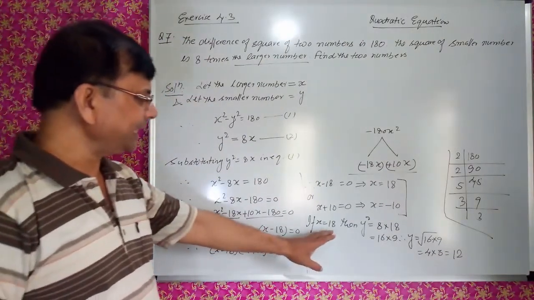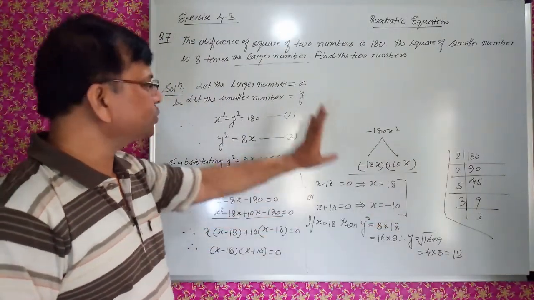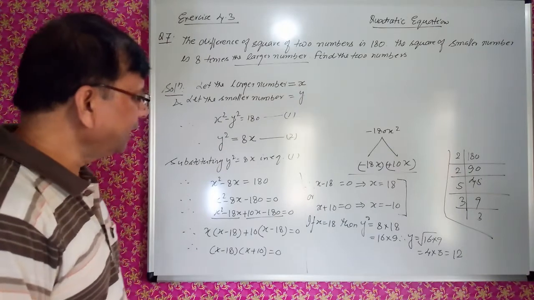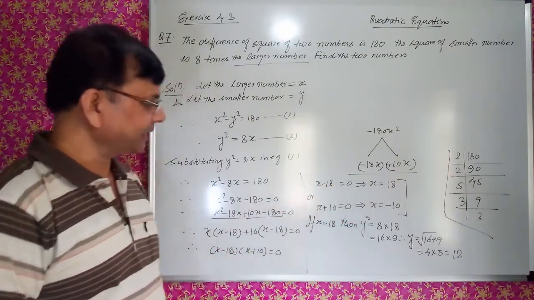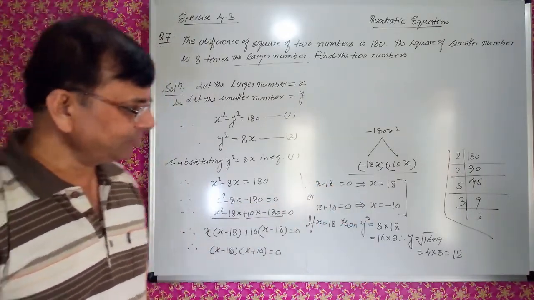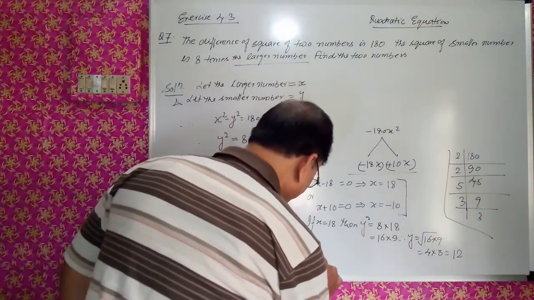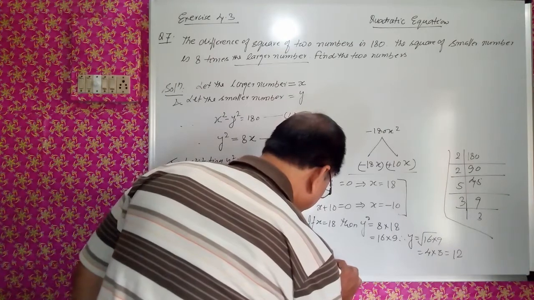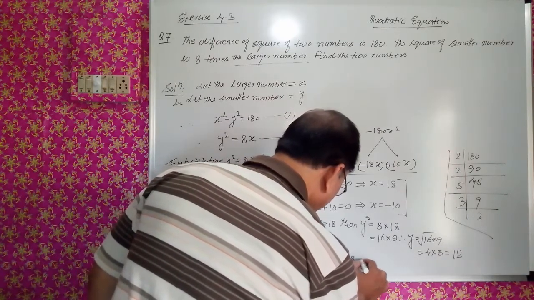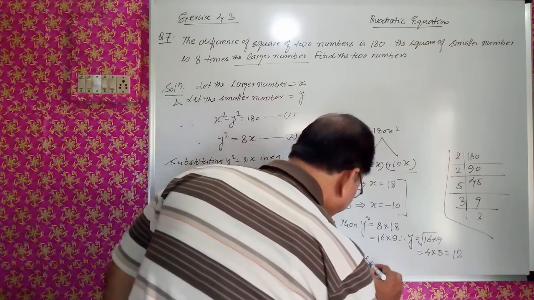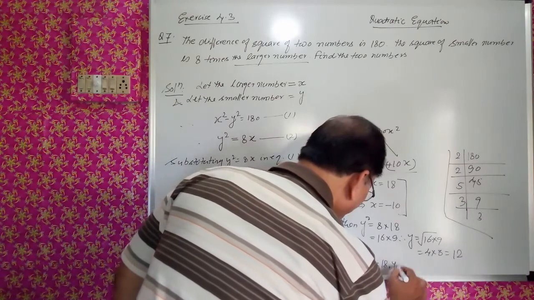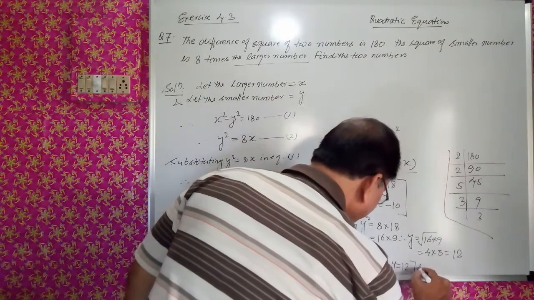So, if x is 18, then y is 12. If x is minus 10, then we will look at what the value of y will be. Therefore, the numbers are x is equal to 18 and y is equal to 12. This is the answer.